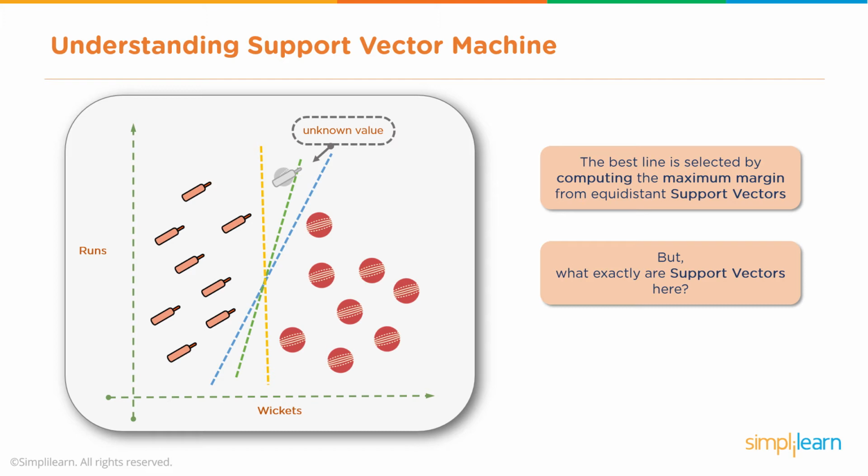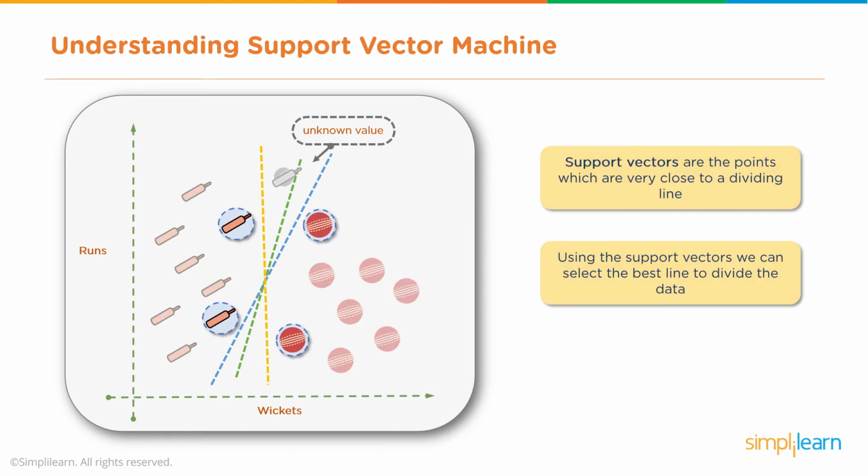And the reason they're support vectors is because the 2 vectors that are closest together, that maximize the distance between the 2 groups, support the algorithm. So that's why we call them support vectors. So if you look at our example, there are a couple of points at the top that are pretty close to one another, and a couple of points at the bottom of that graph that are pretty close to each other.